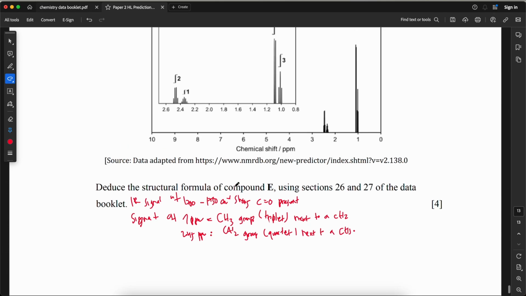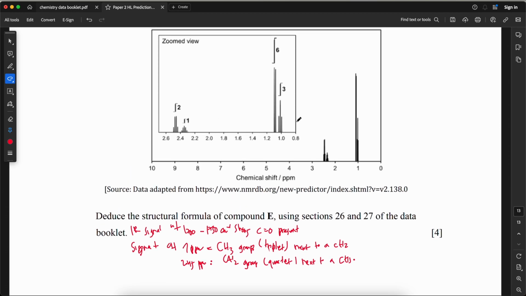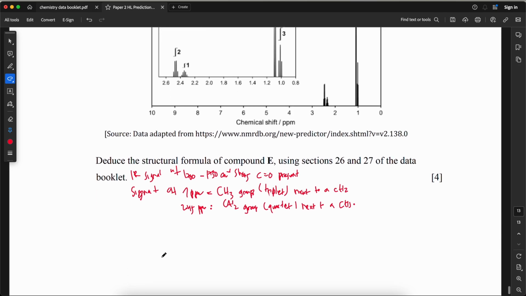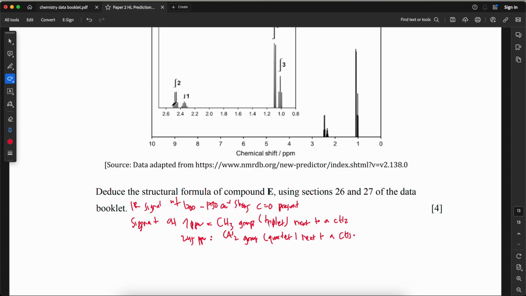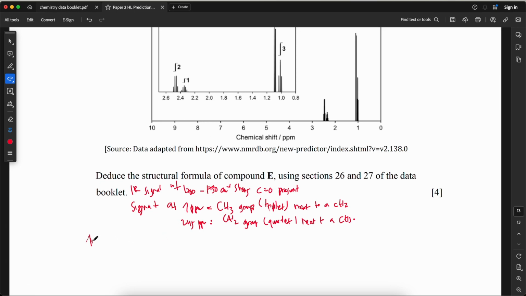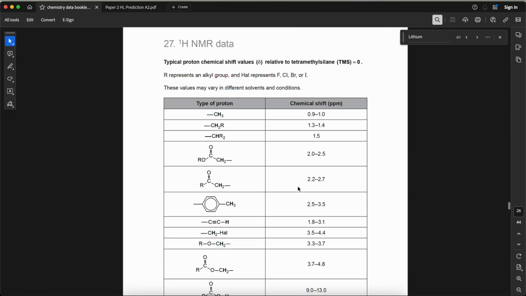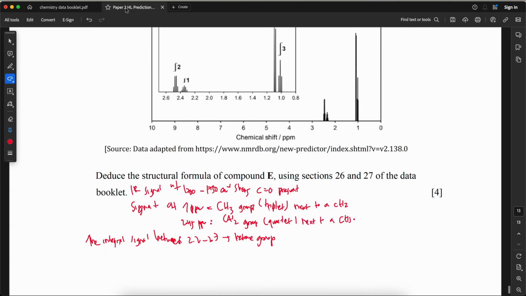If we see the integral spectrum, the integral signal between 2.2 to 2.7 is a ketone group. We can see it here. So we know this is a ketone molecule.